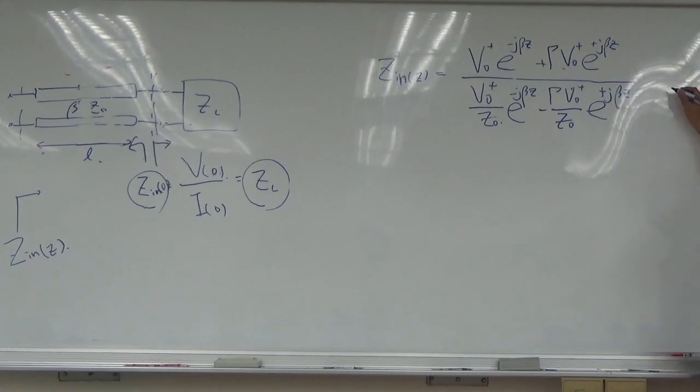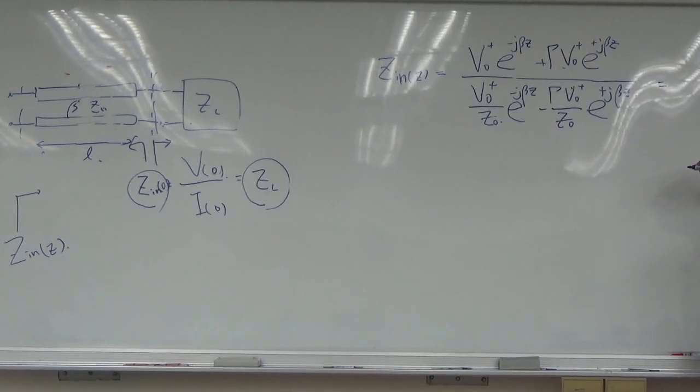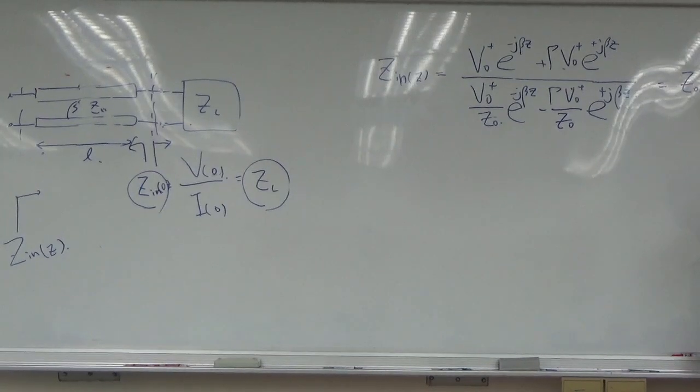And this one equals, I multiply by Z0 and take V0 plus away, and I get exponential minus j beta z plus gamma exponential plus j beta z over exponential minus j beta z minus gamma exponential plus j beta z.